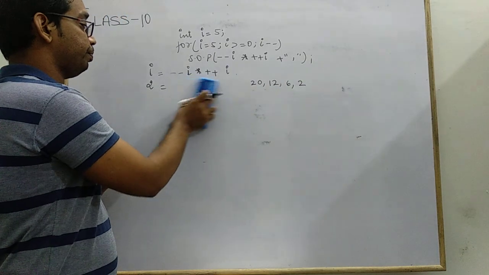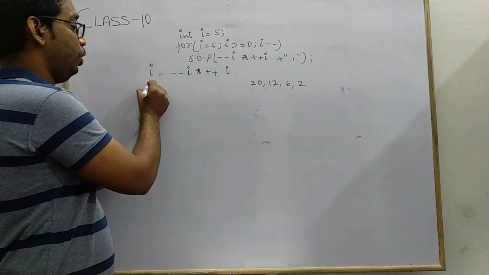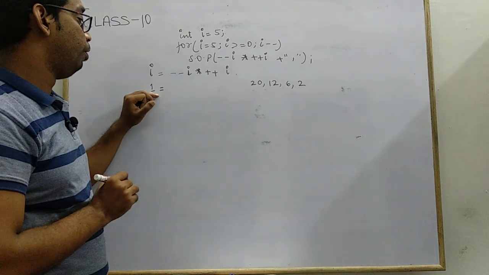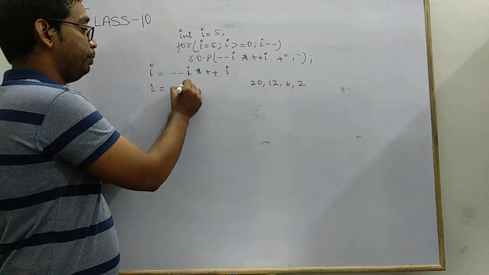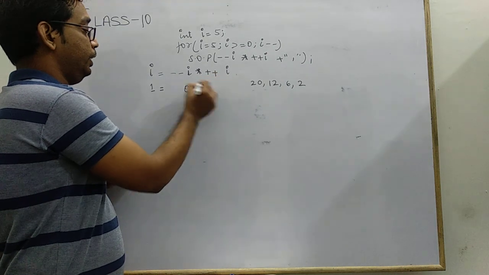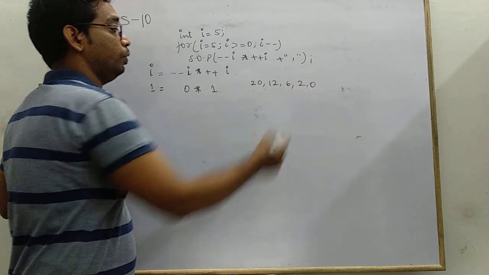Now i--, the value of i is 1. So --i is 0 into ++i is 1, gives 0.